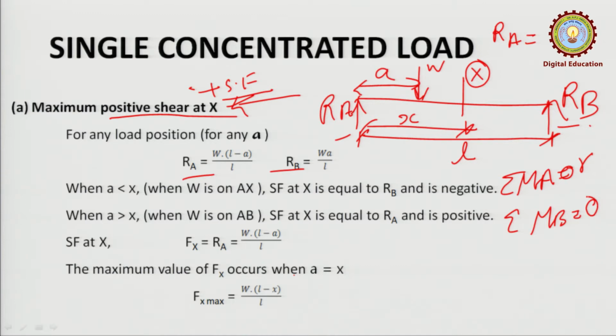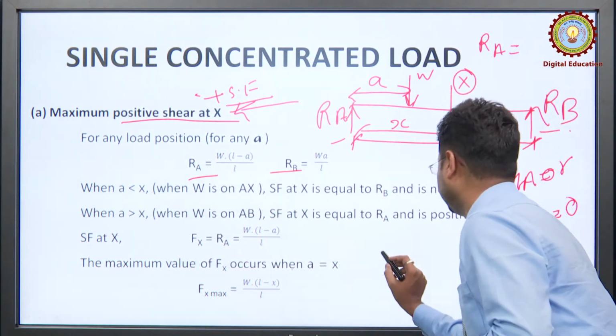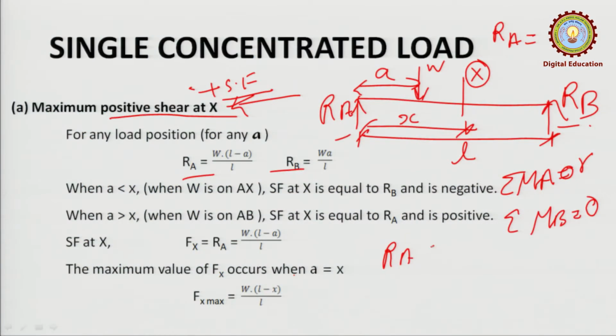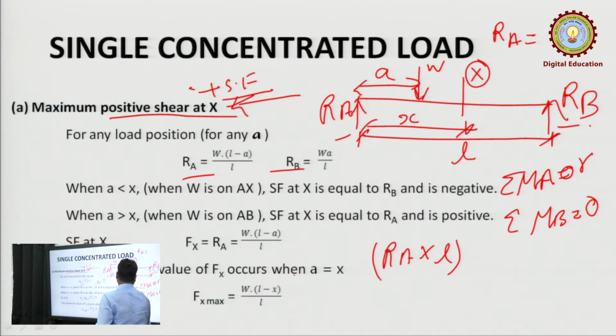You can say that the bending moment about B or about A is 0. Now, how can you find the reactions? Ra into the span of length L, minus the W load which is working on the span at a distance a. Now what will this distance be? L minus x.